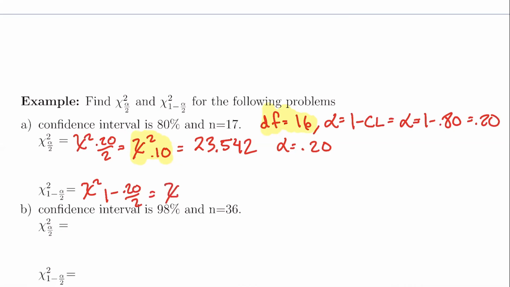That gives me chi-square of 1 minus 0.10, which gives me chi-square of 0.90. So instead of looking for chi-square of 0.10, we're going to look for chi-square of 0.90, and we're still using the same degrees of freedom of 16.